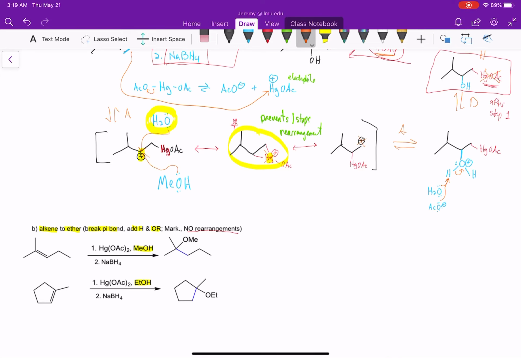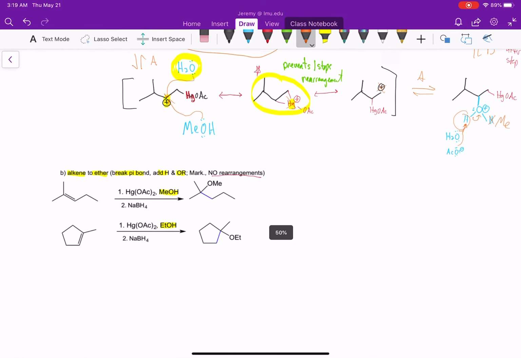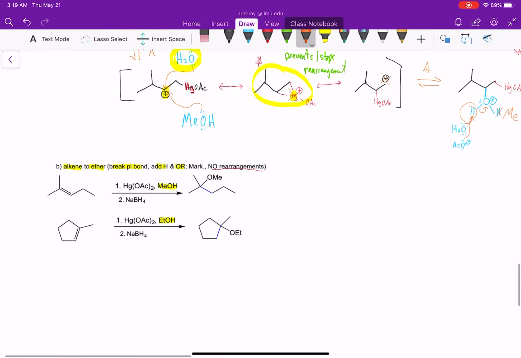Right, that will attack here. So instead of having an O with 2 H's, you're going to have an O with 1 H and 1 Me or Et. So as you deprotonate, you lose the H, but you still now have your Me. So what you notice here is when you add MeOH, we don't get OH, we get OMe. And if I add EtOH, I get my OEt.